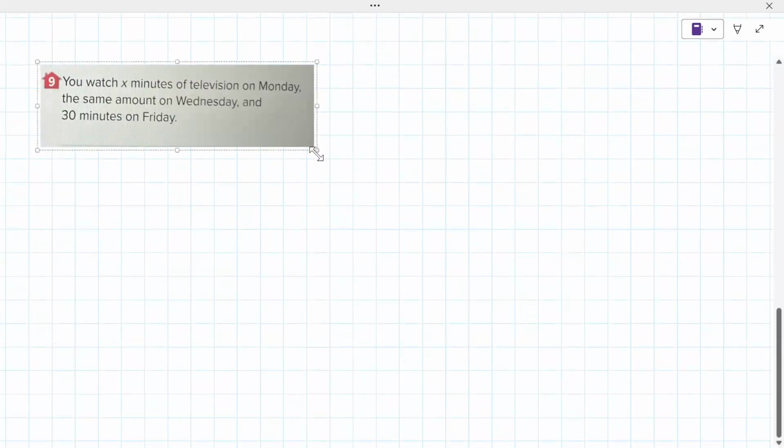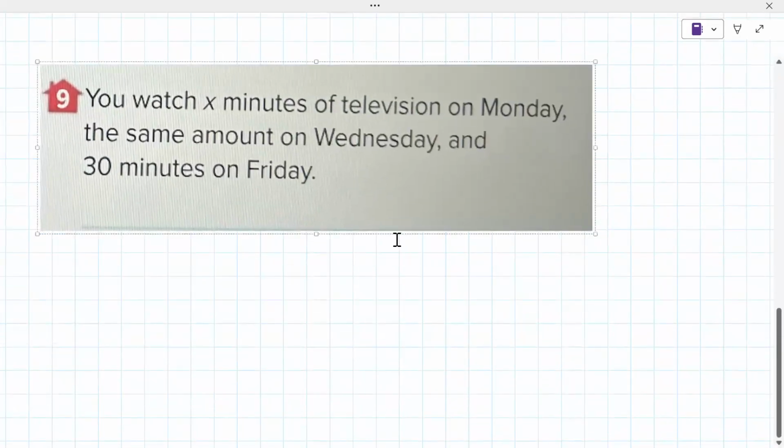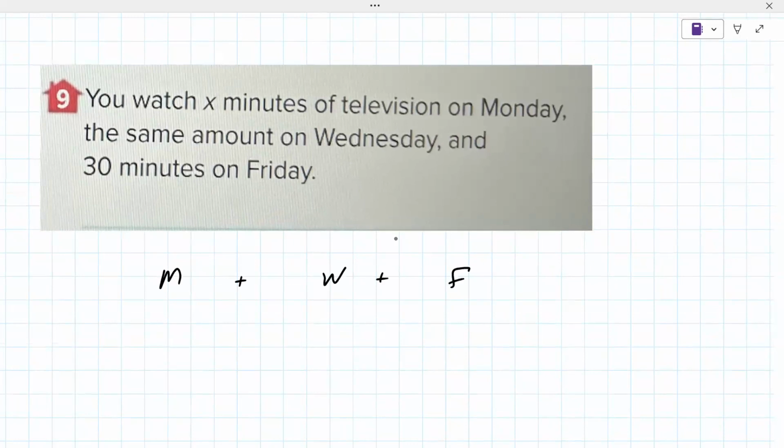All right. You watch X minutes of television on Monday. You watch the same amount on Wednesday and 30 minutes on Friday. So this is Monday plus Wednesday plus Friday. See if you can set this one up.